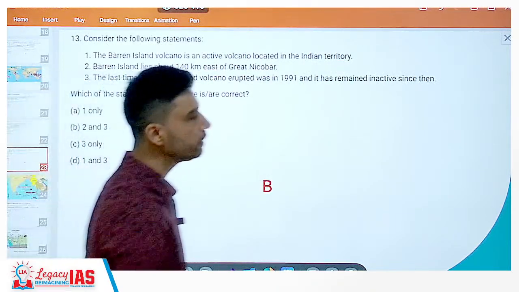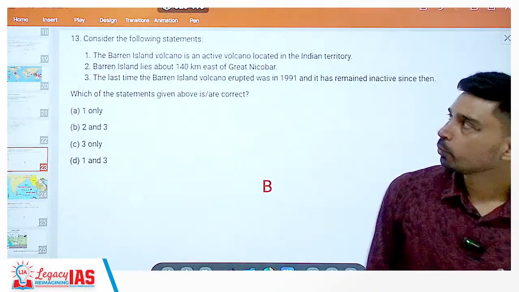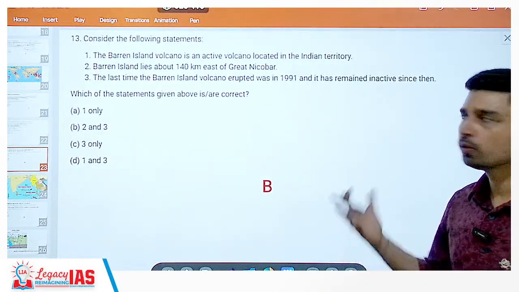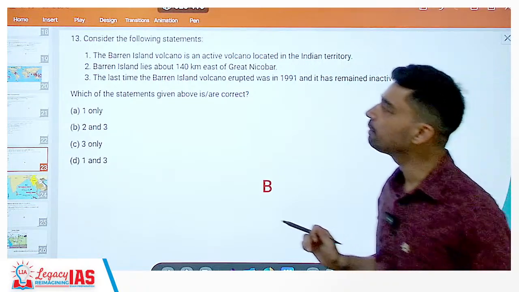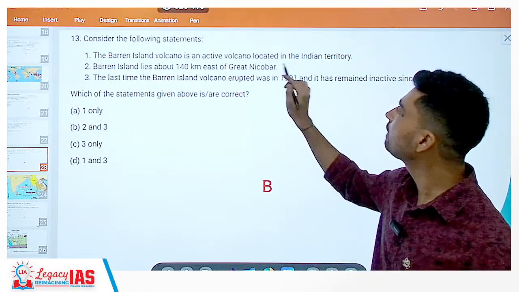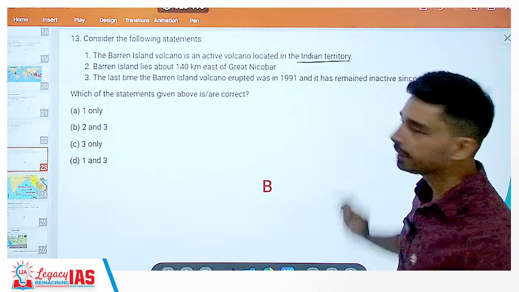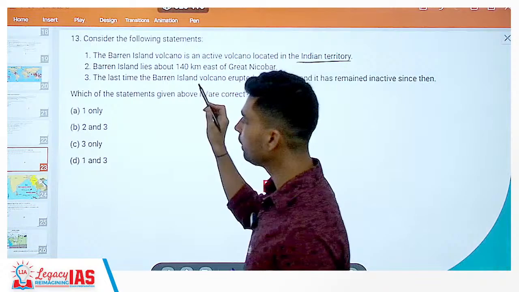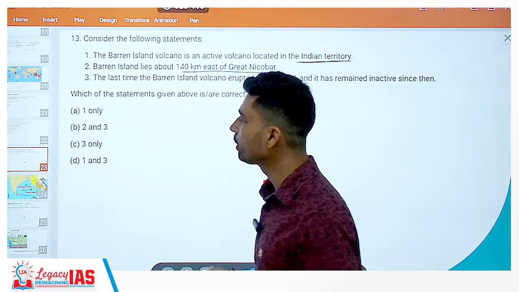The next question is again related to Indian geography. 3 statements are given, again related to the volcanic island. First, the Barren Island volcano is an active volcano located in Indian territory. Second, Barren Island lies about 140 kilometers east of Great Nicobar.